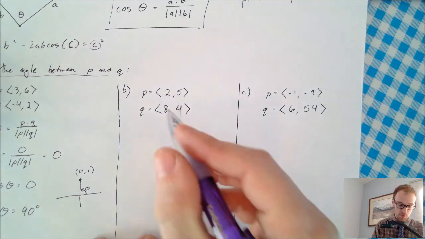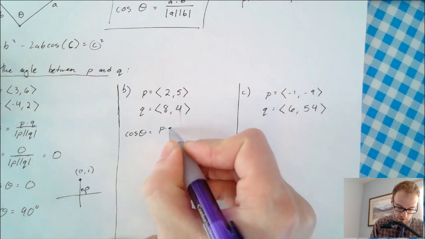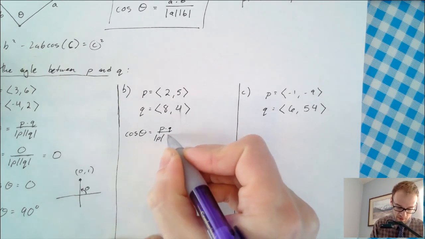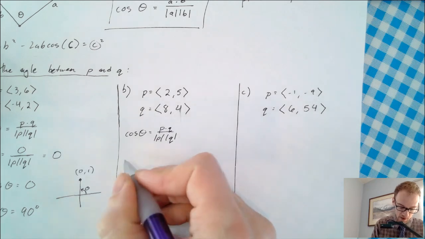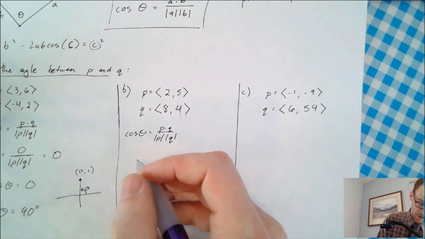Well, when we do part B here, we use the same formula, P dot Q over the magnitude of P times the magnitude of Q. Here, let's look at my notes from last video. P dot Q was equal to 36.